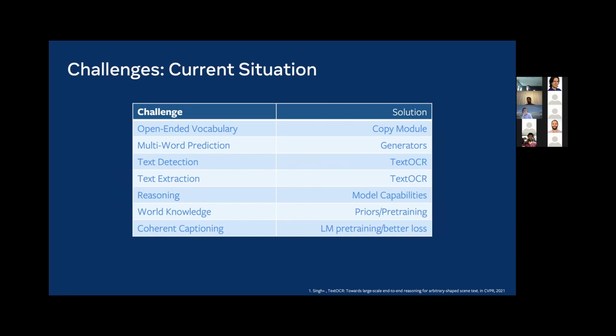In the open-ended vocabularies case, the current solution is still a copy module, in some sense, to copy the OCR text directly. I don't think most of the models as of now fix any errors in the OCR text, so some sort of edit distance techniques can be applied here. The multi-word prediction still relies on LM-style generators to generate multi-word answers as well as the captioning.